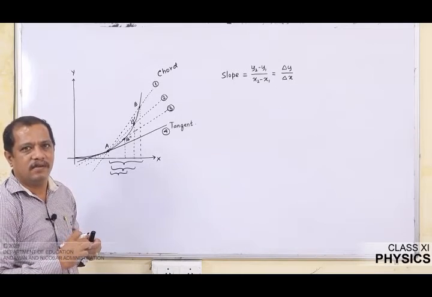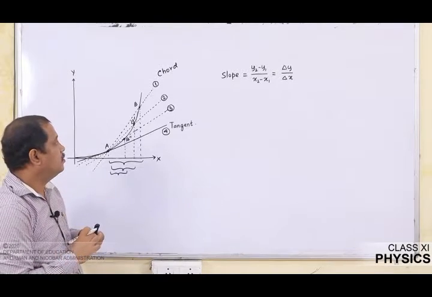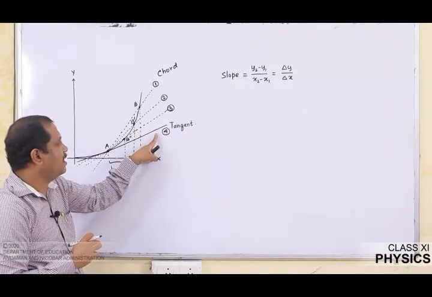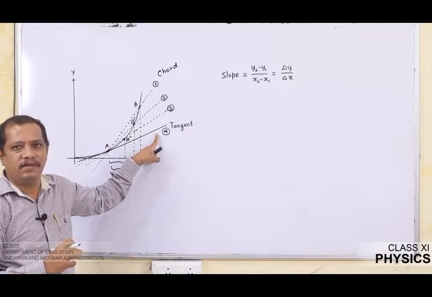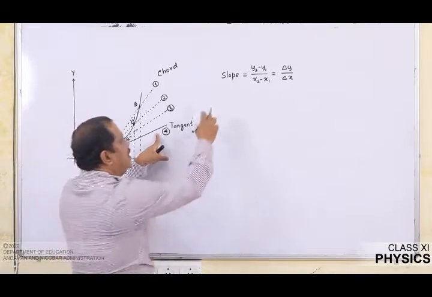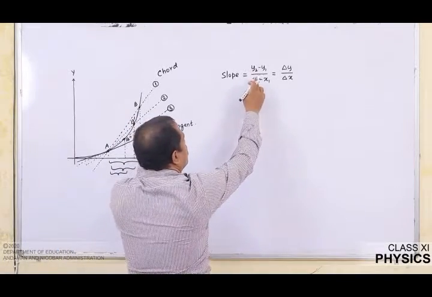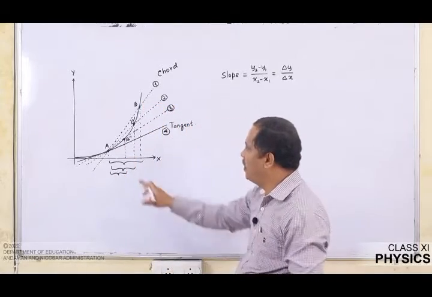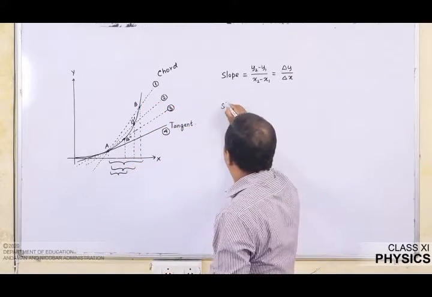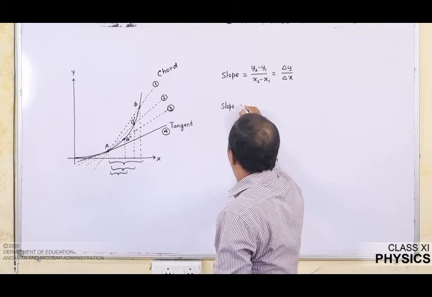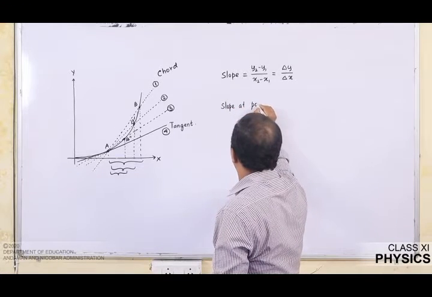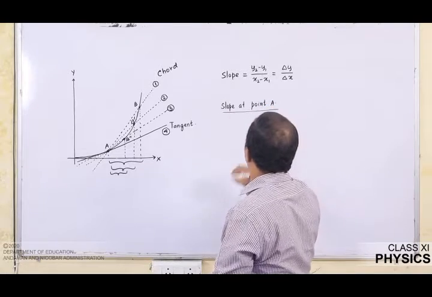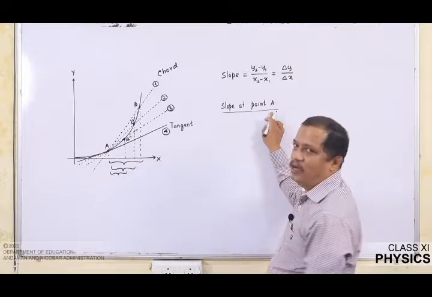So, the question is, when will the slope of the chord be exactly equal to the slope of the tangent? The formula that we use to calculate slope is the slope of a chord. We will have 2 points, but our aim was to calculate the slope at point A. When I say slope at point A, you have only one point.